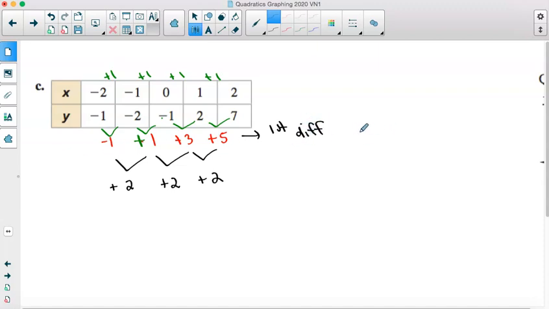If the first difference is constant, that tells us linear. But in this example, the second difference is constant. And when that happens, this is an example of a quadratic function.